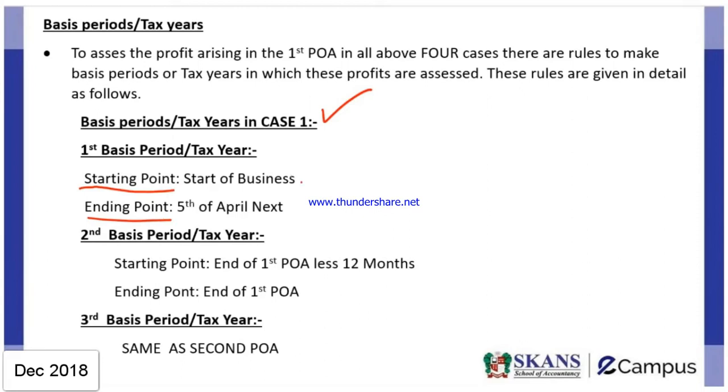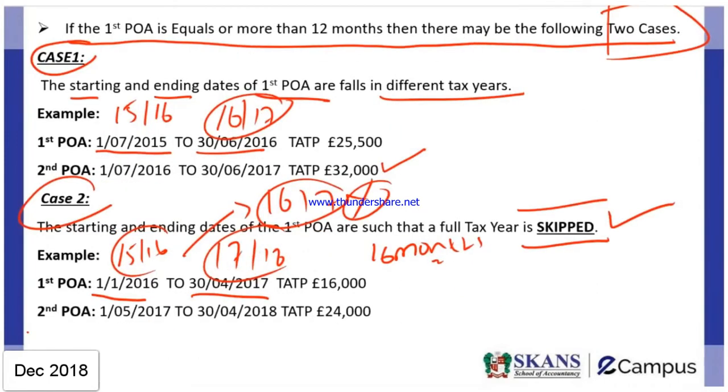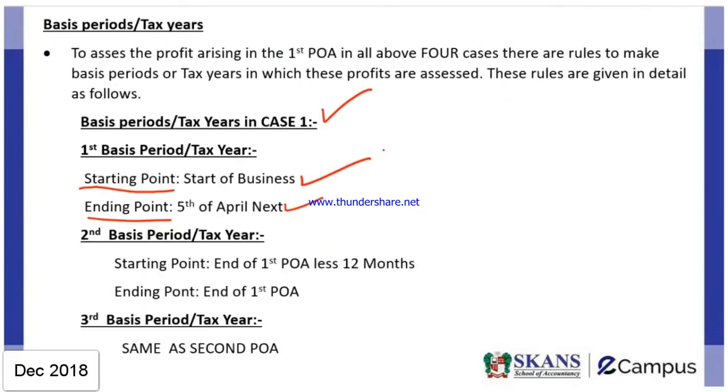Now the starting point is the date of the start of the business and the end point is the 5th of April next. If I apply this rule to the given information of case 1, the start of business is 1st July 2015, and it ends at the 5th of April next.